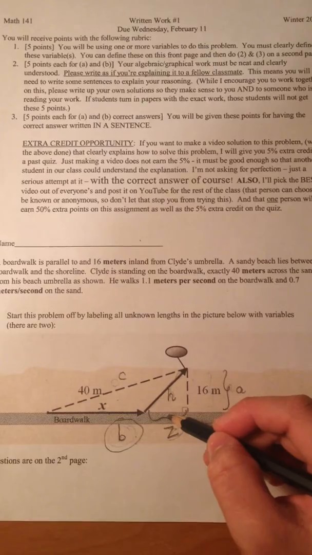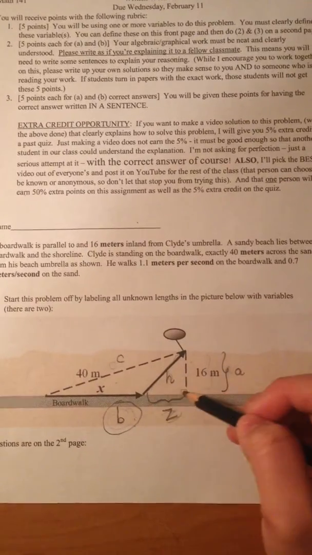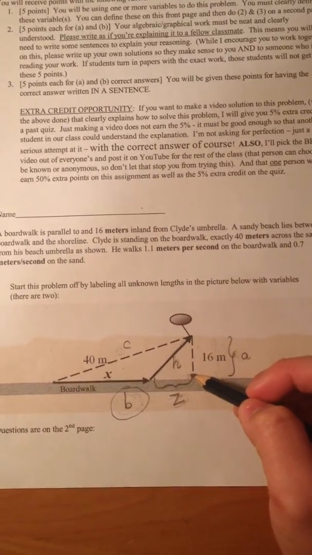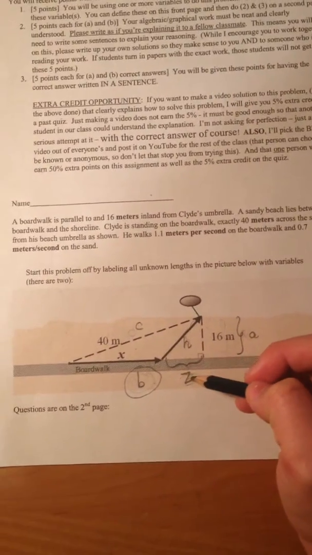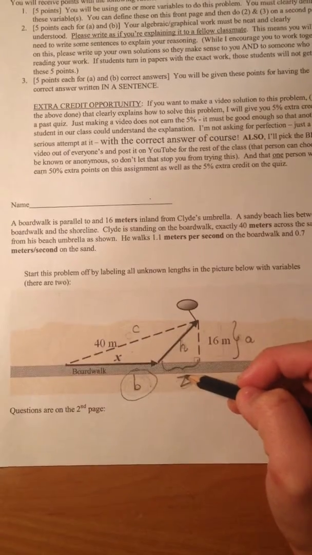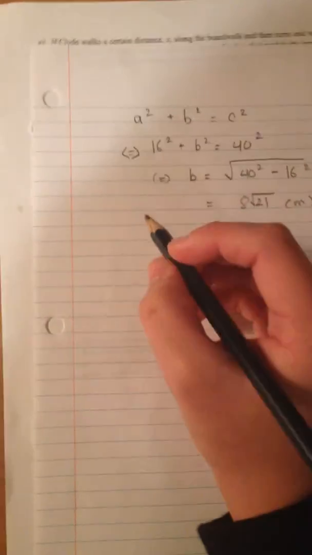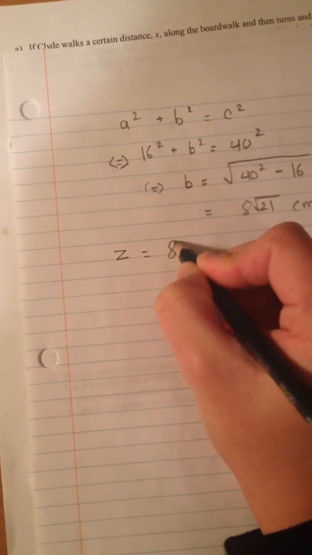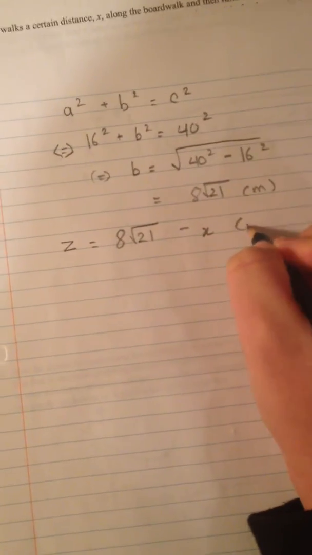So we're going to find Z. I name this side Z, and because this small triangle is also a right triangle, we also use the Pythagorean theorem to solve for H. And Z, as we all see in the picture, is going to be equal to B minus X, and B we just got is 8 square root of 21. So Z is going to be 8 square root of 21 minus X meters.